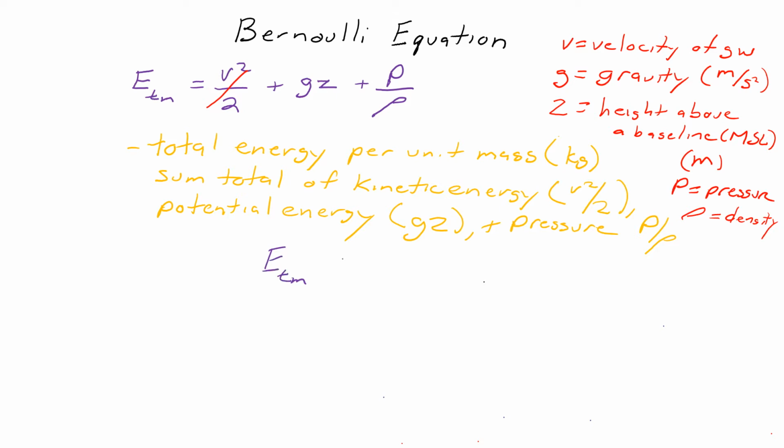So since we're ignoring that kinetic energy term, this energy per unit mass becomes a little simpler equation: gz plus pressure over density. And now this is how mathematically we make this really easy to use, okay?